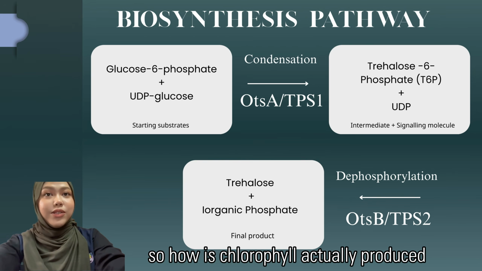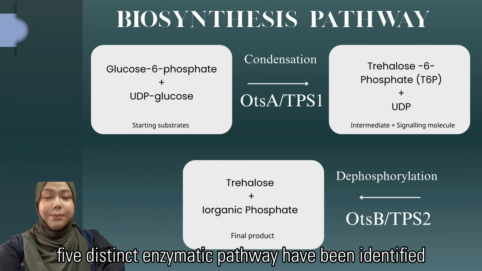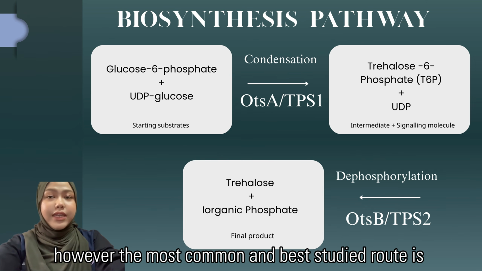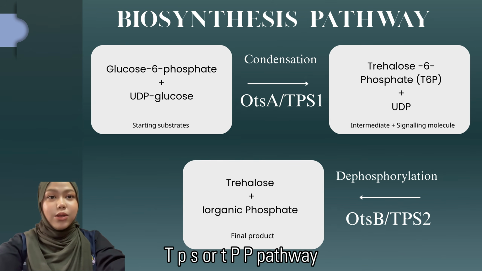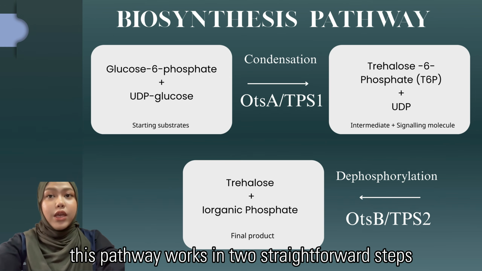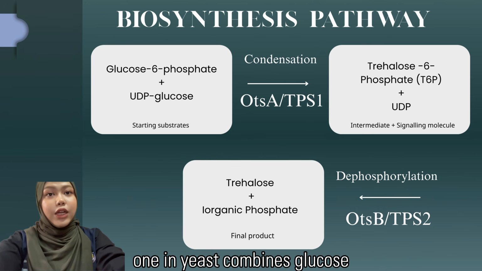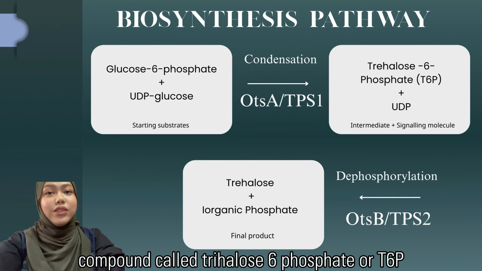So how is trehalose actually produced inside living cells? To begin, 5 distinct enzymatic pathways have been identified for trehalose biosynthesis. However, the most common and best studied route is the OtsA/OtsB pathway, also known as the TPS/TPP pathway. This pathway works in 2 straightforward steps. The first step is the enzyme OtsA, or TPS1 in yeast, combines glucose-6-phosphate and UDP-glucose to form an intermediate compound called trehalose-6-phosphate, or T6P.